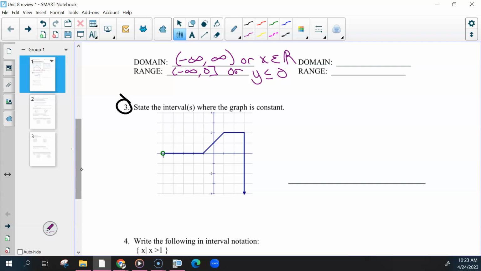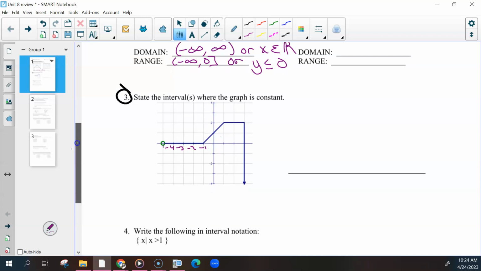Where is your y value the same? Left to right. These are really small. This should be -1, -2, -4. Where does it start being constant? Left to right.